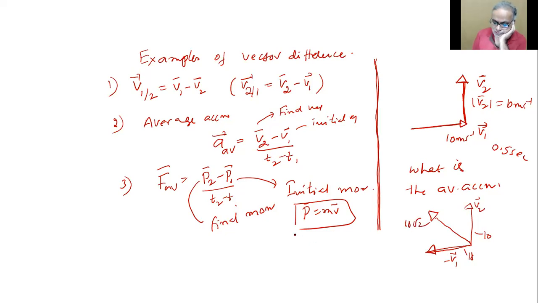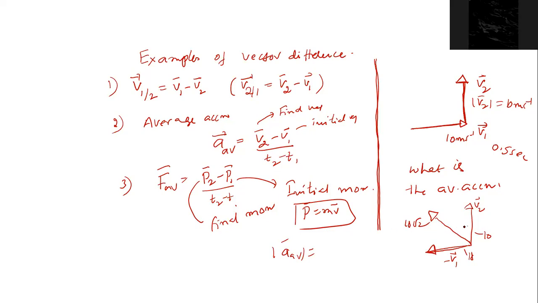So magnitude of average acceleration will be magnitude, because already I showed the direction. If this is 10 and 10, it will be exactly in the middle. This will be 45. This will be 45. So you can say that the acceleration is making 45 degrees with the final velocity, or 135 degrees with initial velocity. The initial velocity is like that.